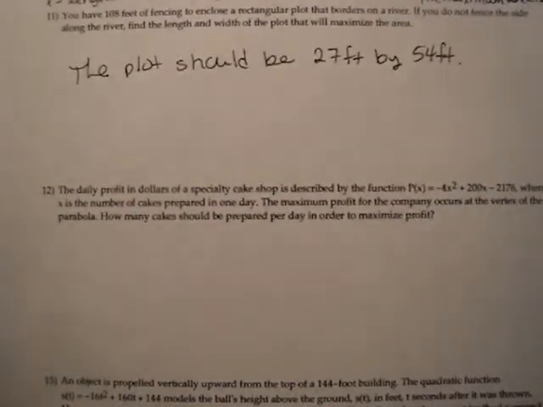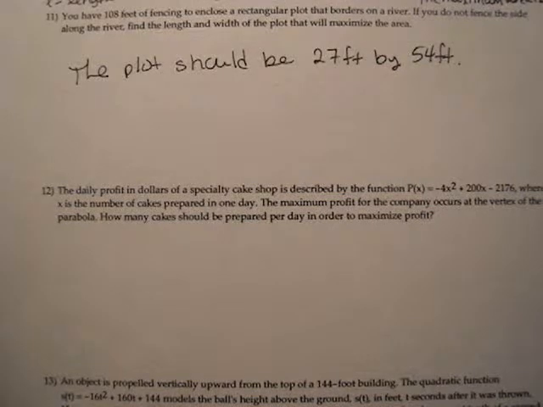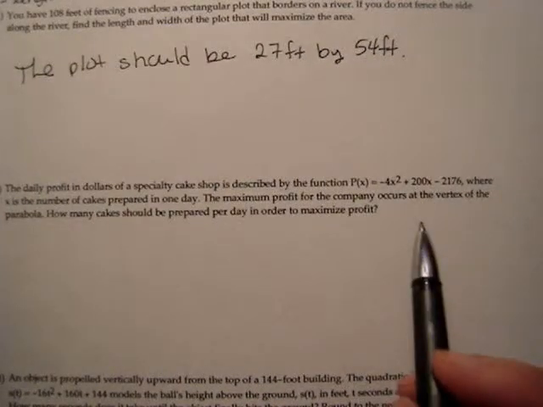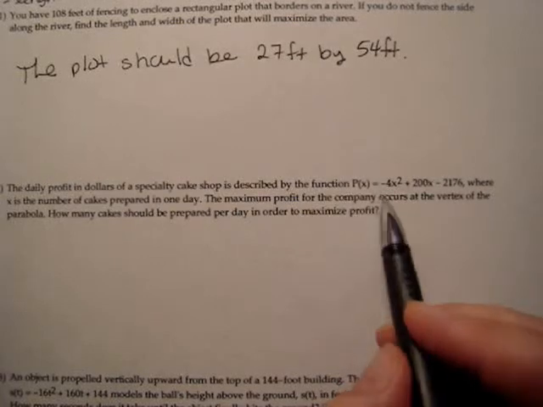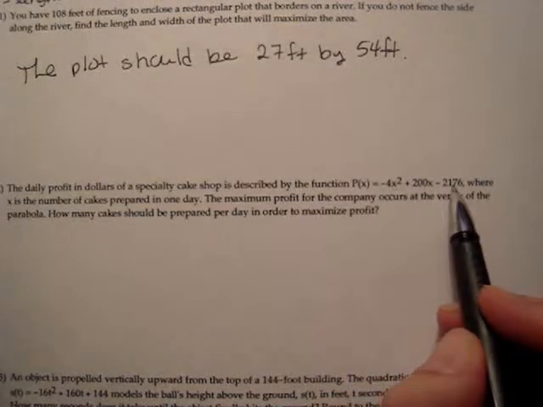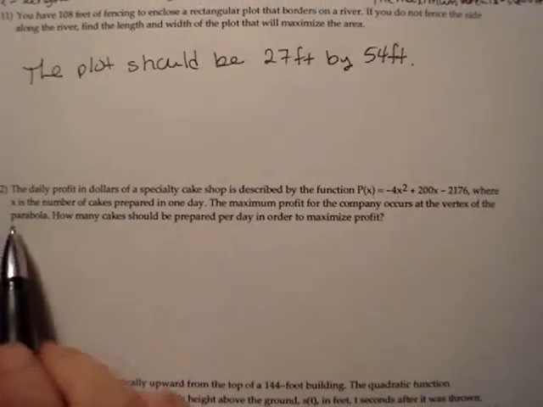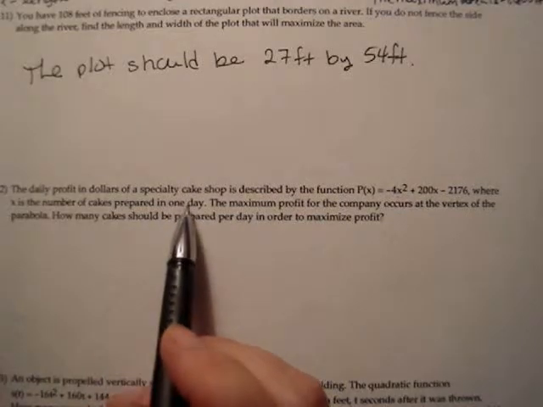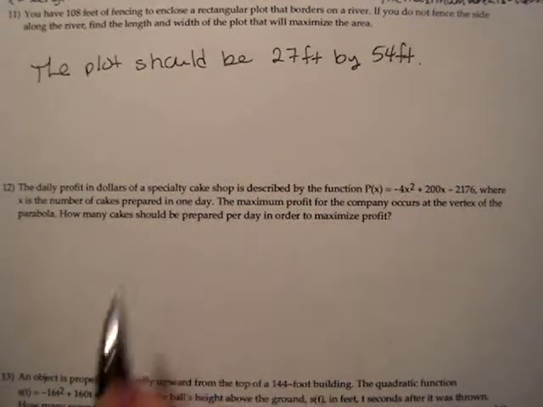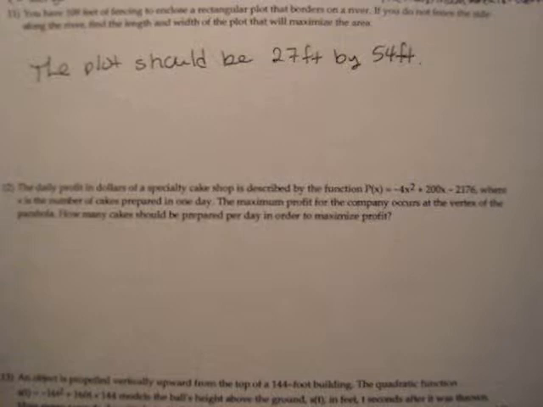Okay, number 12 is actually very straightforward. It says, the daily profit in dollars of a specialty cake shop is described by this function. They give us this lovely function. P stands for profit, and here's the function, and it says where X is the number of cakes prepared in one day. So X represents the number of cakes made in a day.